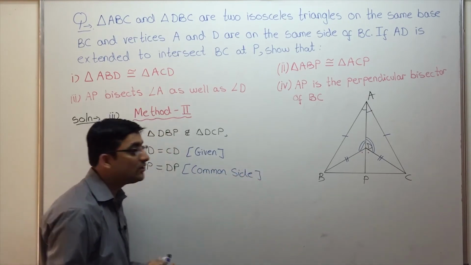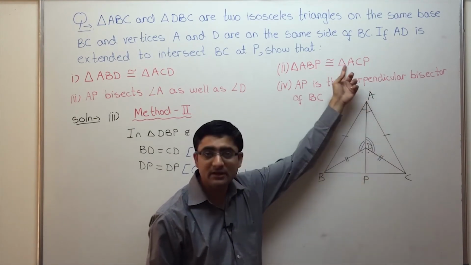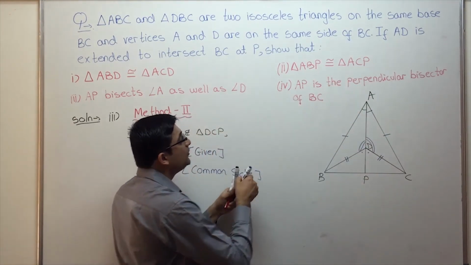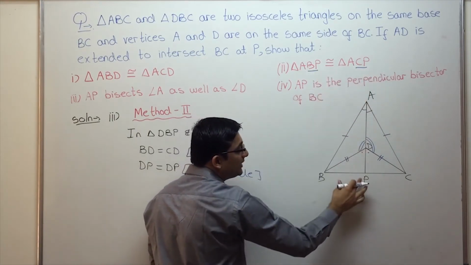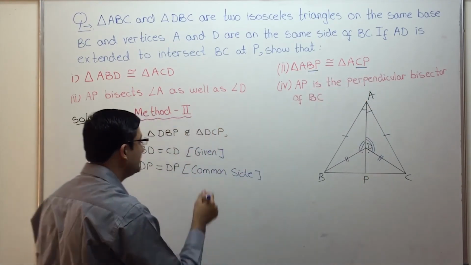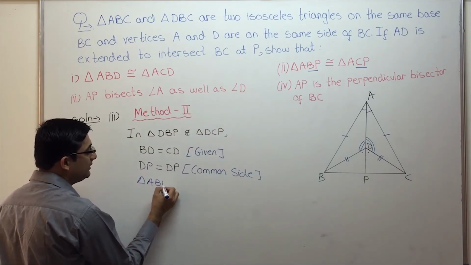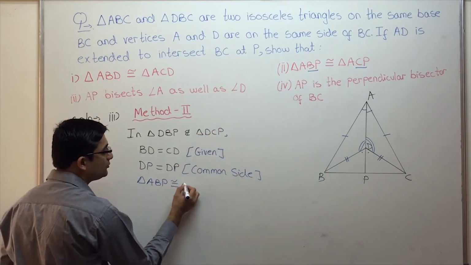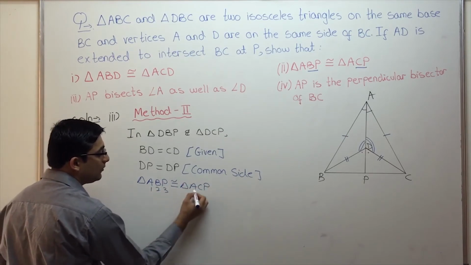Now, what else do I know? Previously we proved that triangle ABP is congruent to triangle ACP, right? So from here, we clearly get BP is equal to CP. I'll write this congruent statement once again. Triangle ABP is congruent to triangle ACP. So 1, 2, 3, 1, 2, 3.